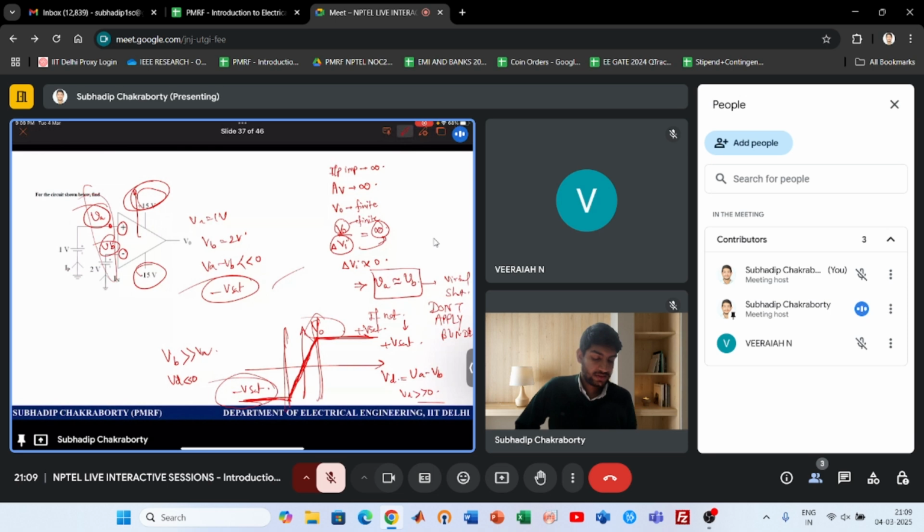You can apply virtual short, but you need to always check that V0 remains within plus minus Vsat, because in no case can the output voltage cross plus minus Vsat.